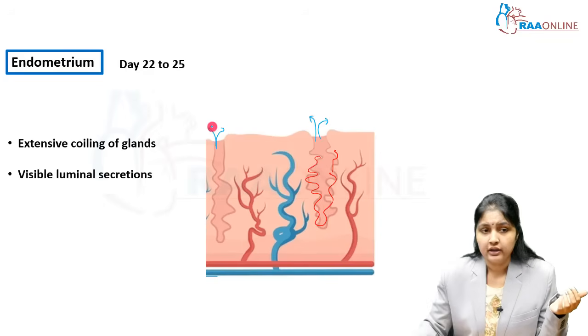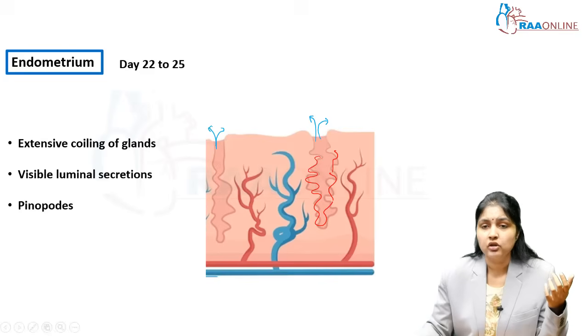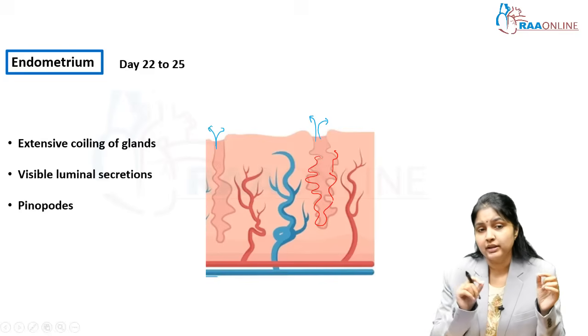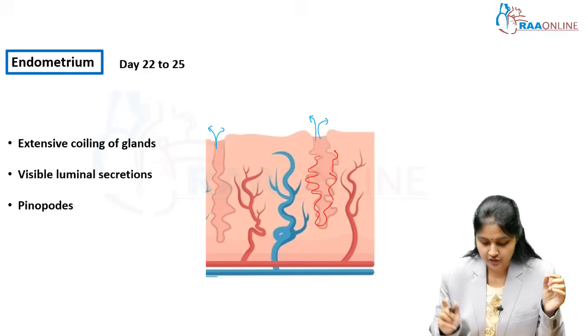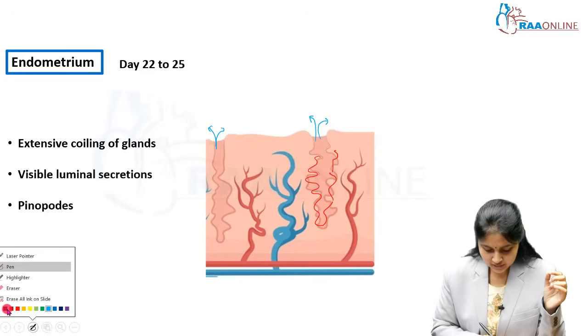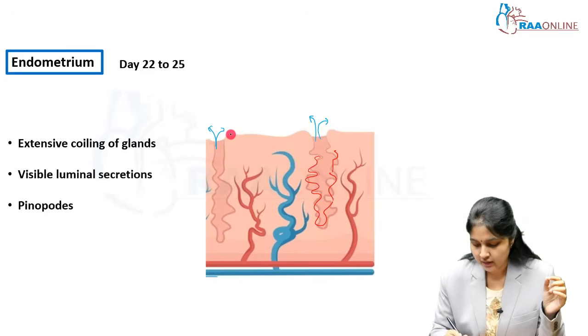You might also notice something called pinopods on the surface of the endometrium. The endometrium is covered by an epithelial lining which has small microvilli on it.